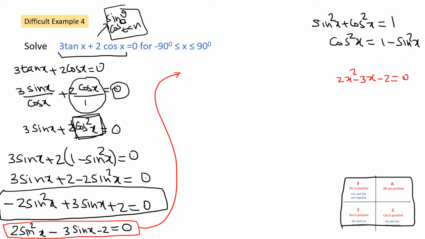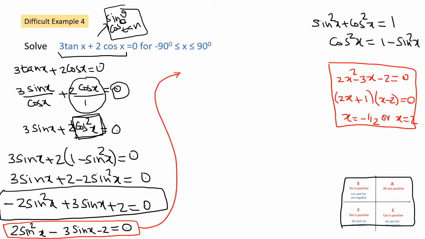You may have studied how to solve this quadratic equation. What you will normally do is (2x plus 1)(x minus 2) equal 0. This is the factorization, and you will know from here x equal minus half or x equal 2. And we are going to use a similar technique, but in our question we have sin x instead of x.